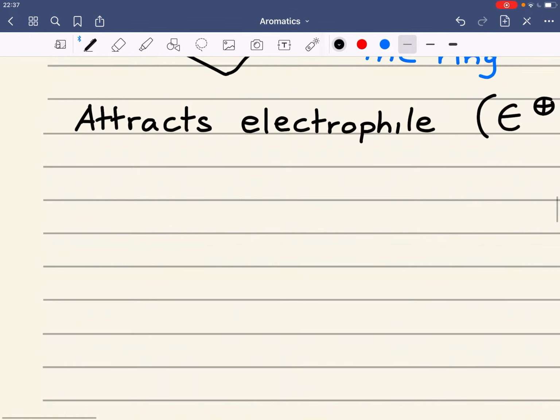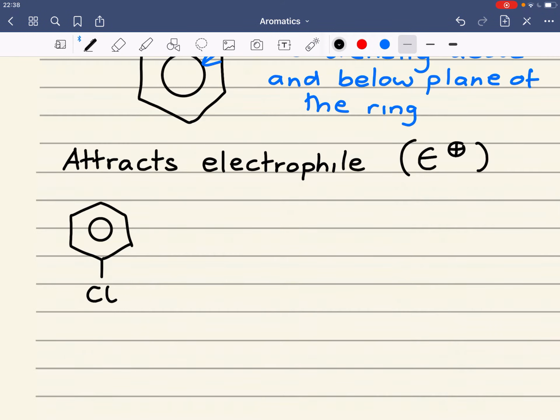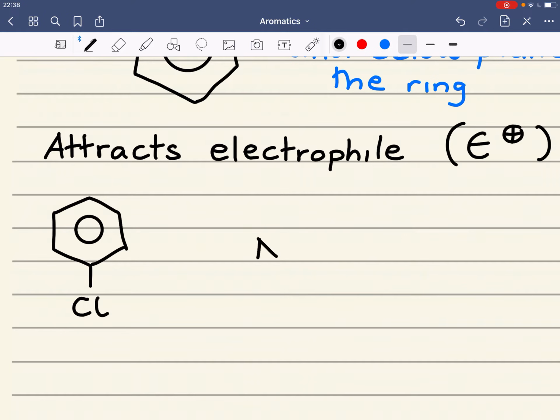It's worth mentioning that benzene and compounds of benzene would not react with nucleophiles. So imagine I've got something like this molecule here, and we may think that this will react with a nucleophile such as ammonia in a nucleophilic substitution reaction.